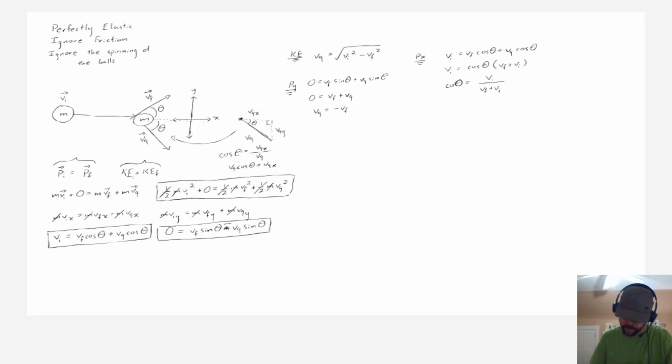So this was negative here, which means this was negative here, this was negative here, and this was positive here. So v9 equals v final.